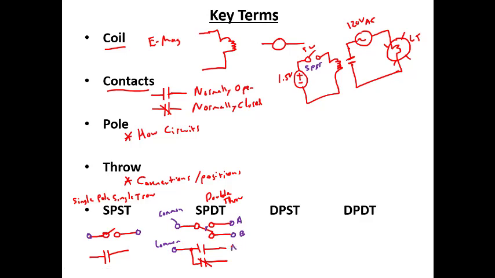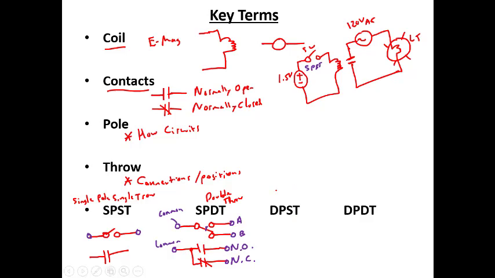And then this one would be called the normally open, and this would be called the normally closed. So there's 3 pins on this single pole double throw contact: common, normally open, and normally closed.